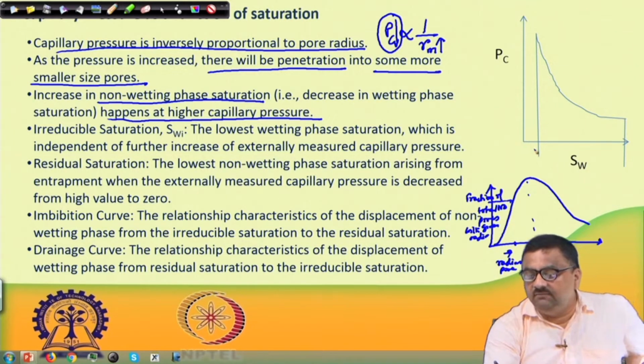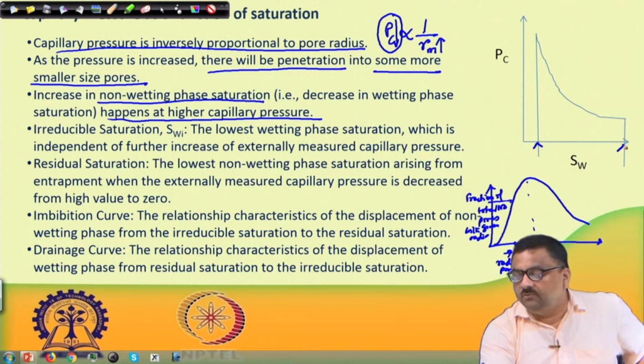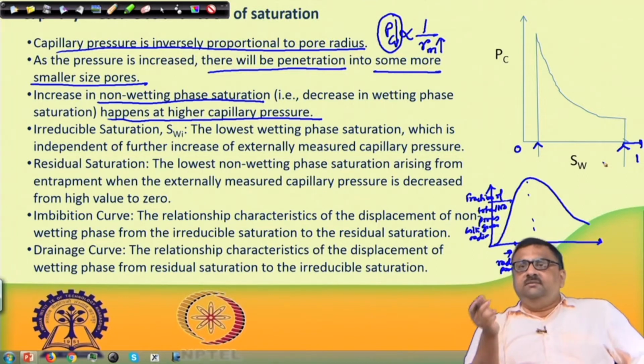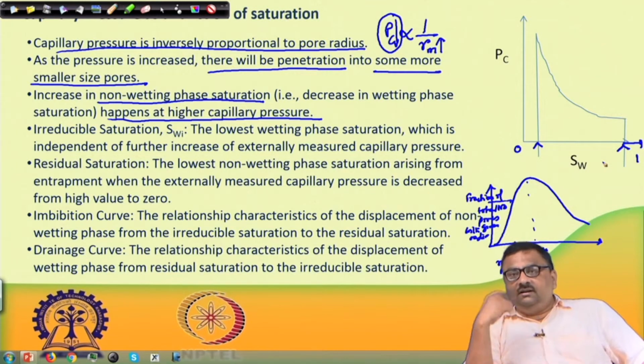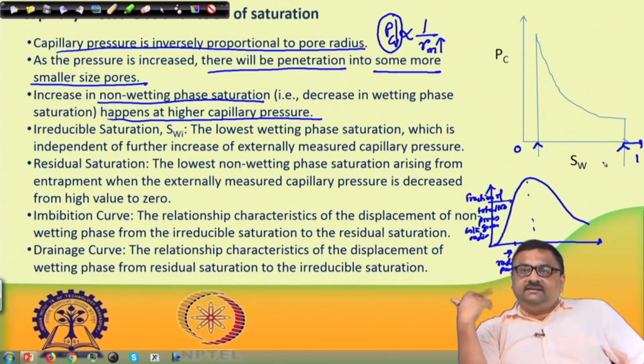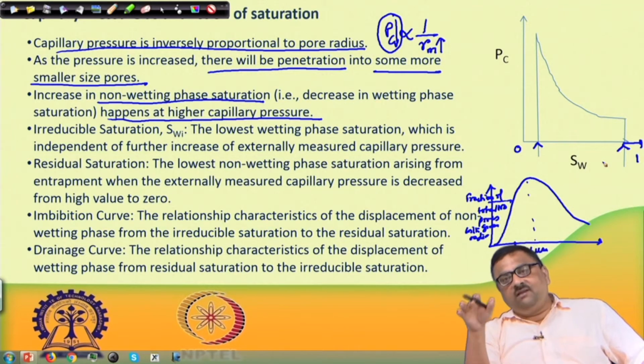Now, there are two limits to it, and these are the two limits we have put here. SW starts from 0 here and possibly goes all the way to 1, right. It is a limit between 0 and 1, because SW 0.4 means S non-wetting phase would be 1 minus 0.4, that means 0.6.